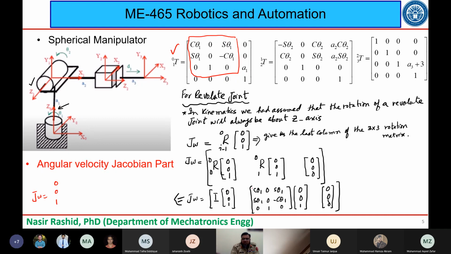This second column is the multiplication of these two, and the last column will be taken from here, या मैं इसको मल्टीप्लाई करके देख लूँ तो ये भी यहाँ से नजर आएगा। So this will be first row, first column sin theta 1, second row this column will be minus cos theta 1 and 0.